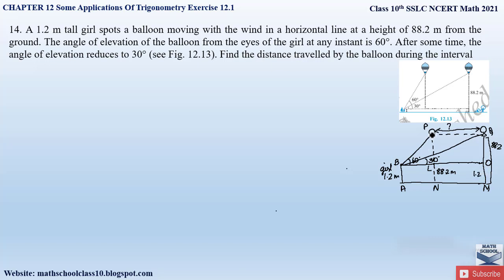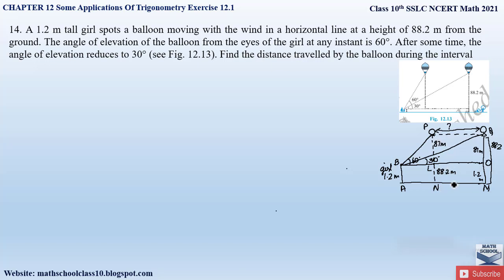And since PN is parallel to QM, PL will be parallel to QO. So we have to find out this distance OQ, which is 88.2 minus 1.2. So that will be how much? 87 meter, and this will be 1.2 meters. Similarly, PL will be equal to QO, so even this will be 87 meters.